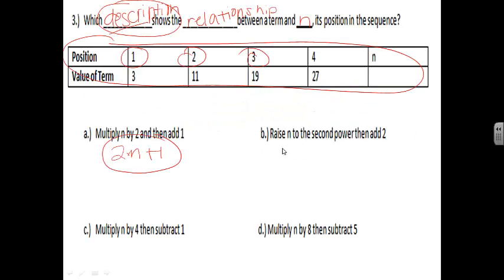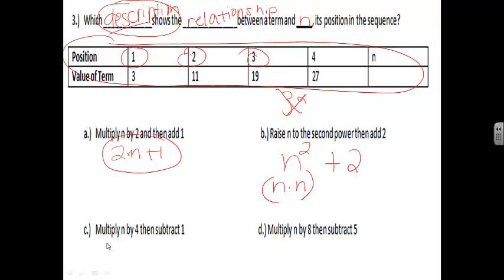All right, now raise n to the second power, then add 2, okay? Remember, raise n to the second power, that's kind of like saying 3 squared, which means 9, okay? So n times itself, so n times n would be another way to say this. Then add 2, okay? So n squared plus 2 would be how we would say this, okay? And then we can start replacing with position value charts, okay?